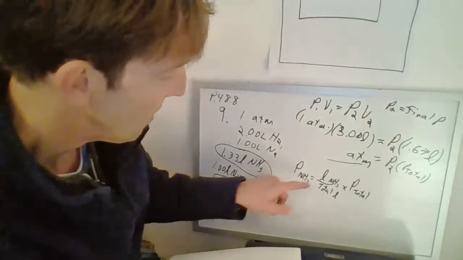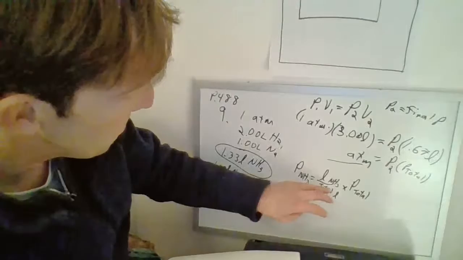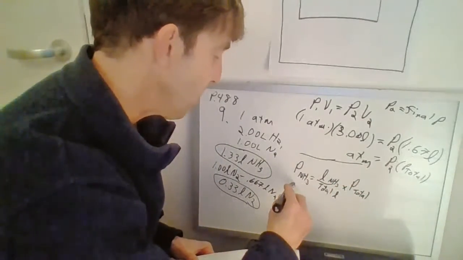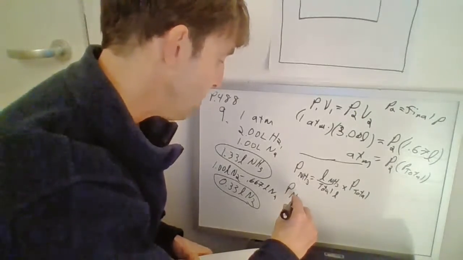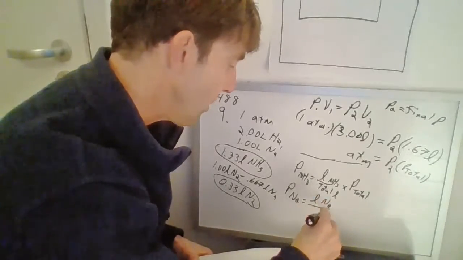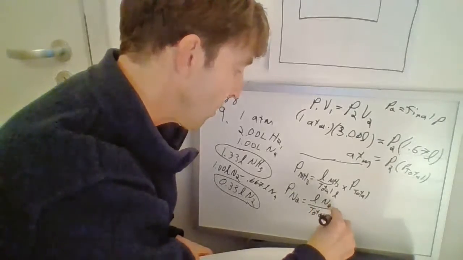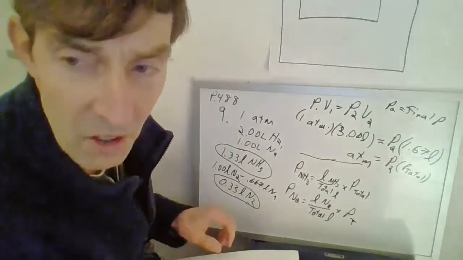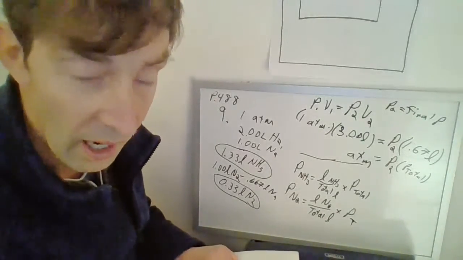You know what I'm saying? It's this ratio of the liters divided by the total, times the pressure total, which you'll get up here, and same with the other one. The partial pressure of N2 is just the liters of N2 divided by the total liters times the P total. I can do that because the valves are open and it's the same pressure throughout.